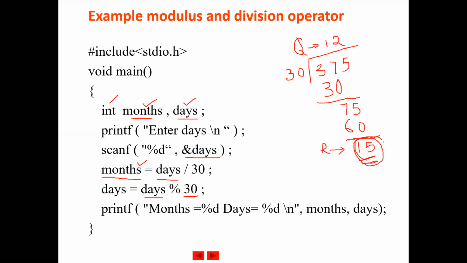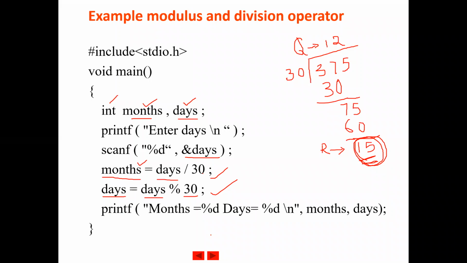These are the days which are remaining. Understood? So in the months variable, we will be getting the number of months. And in days, the same variable, we are using it again in order to store the number of days available. Got it? Initially, we entered 375 days. Now, after removing the number of months, whatever number of days is remaining is kept in the variable called days.